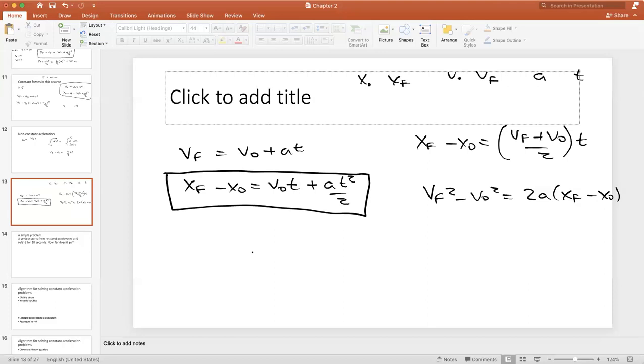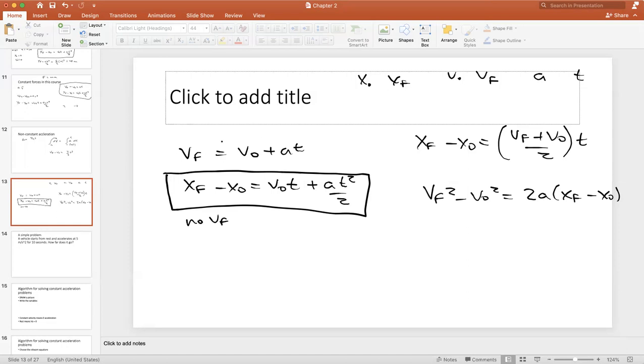Well, it doesn't have v final, so this is really no v final. For whatever weird reason, your book is the only book I've ever seen that gives you an equation where they substitute in to get v final in here. You can do that, but I would just leave it alone. So this big equation has no v final.